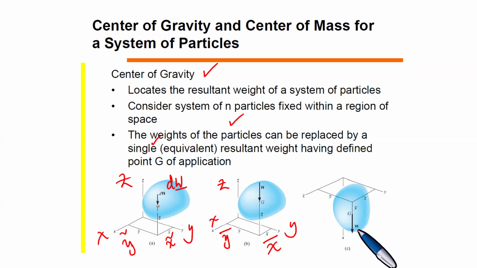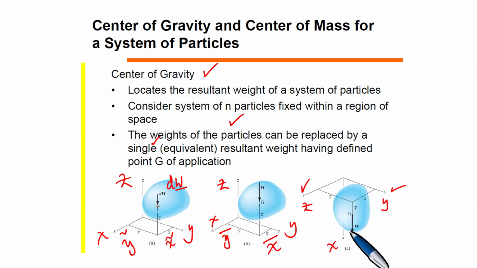Similarly, if one rotates this system and makes it face downwards, and considers this as the z-axis, then we have the z-axis, the y-axis, and the x-axis like this.